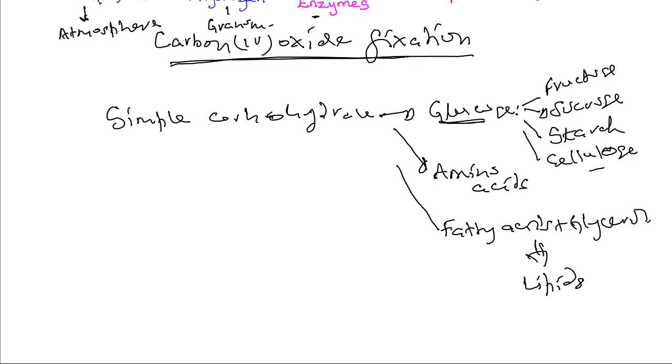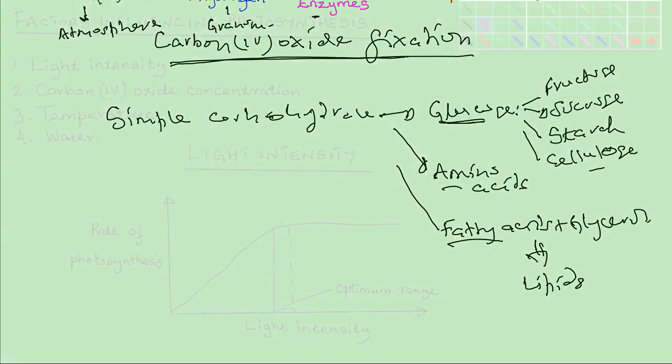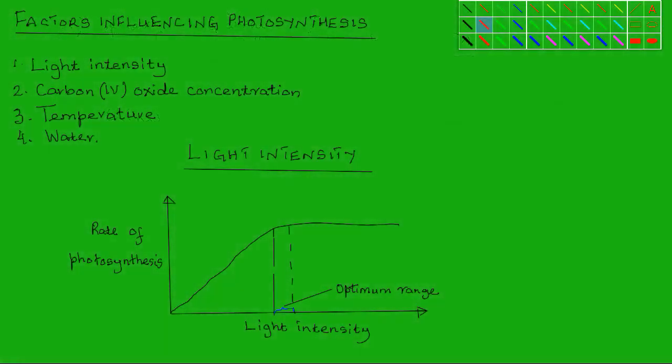Should any of these factors be at their lowest point, then the rate of photosynthesis will be low regardless of the level of the other factors. For example, if light intensity is at its lowest level, then the rate of photosynthesis will be slow regardless of the concentration of carbon dioxide in the atmosphere, regardless of the surrounding temperature, and regardless of the availability of water.